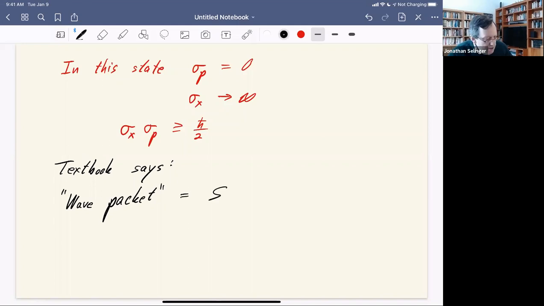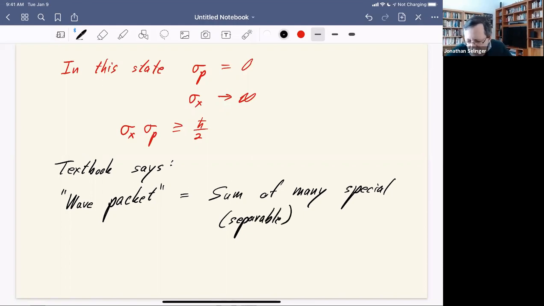which is the sum of many special solutions or separable solutions. Now a single separable solution by itself doesn't make sense, but we can make a combination of many such solutions, and the combination will be okay.